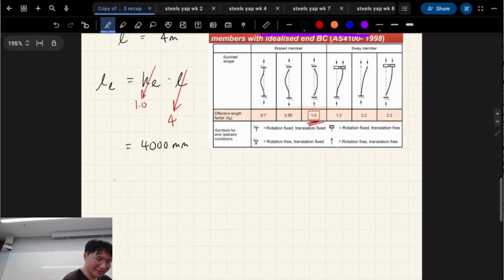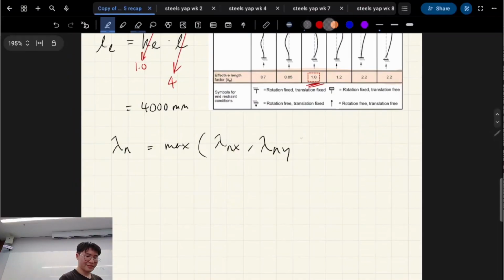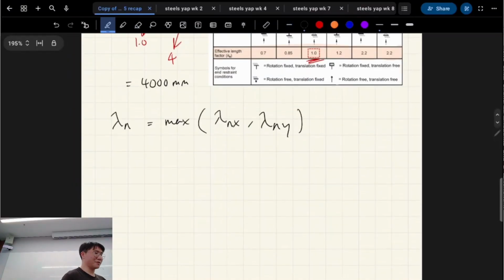Now I want you to think about something. Our slenderness is going to be governed by our slenderness in the X and the Y direction. Focus on this rectangular wooden cross section for a second. I'm going to draw it on the screen as well. This has a very clear major and minor axis.